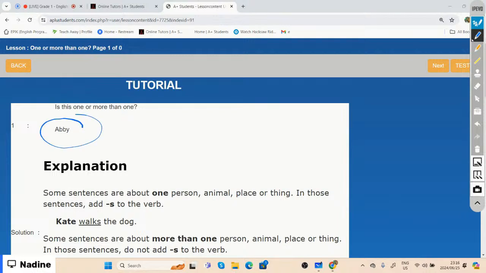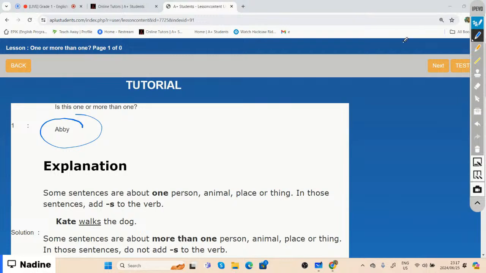Is Abby one person, or are we referring to Abby as being more than one person? All right, yes.